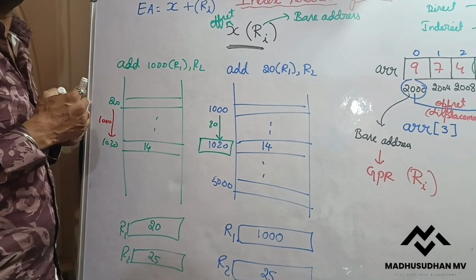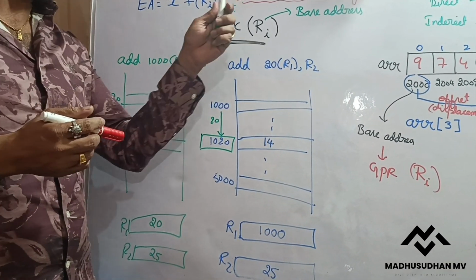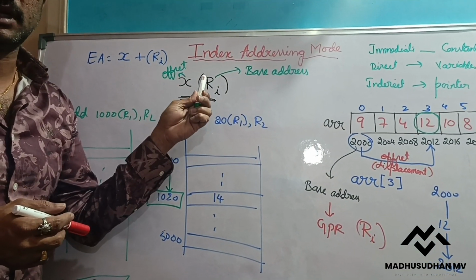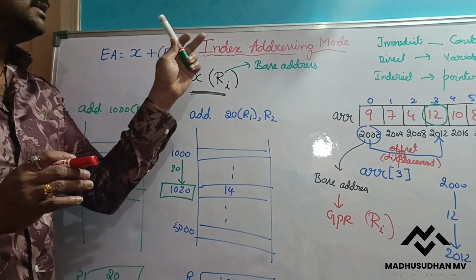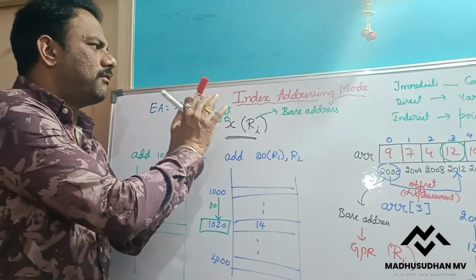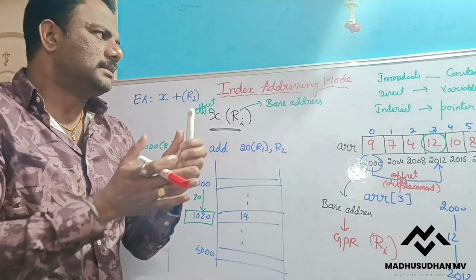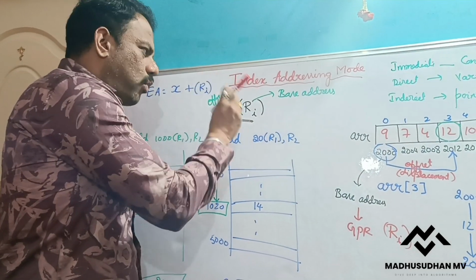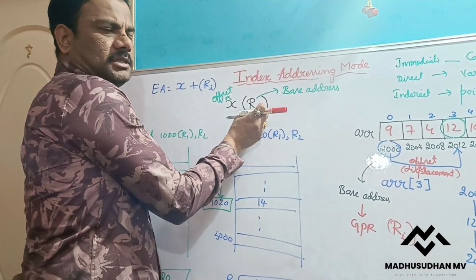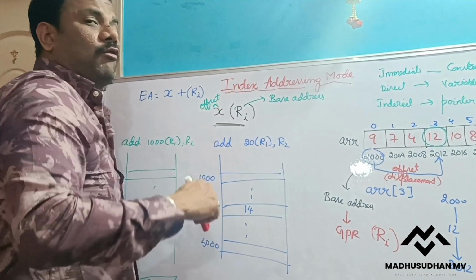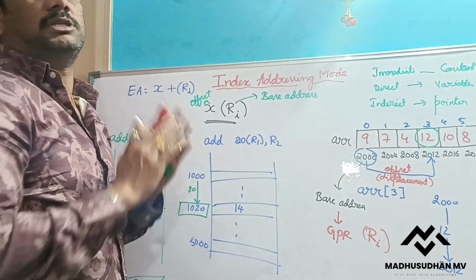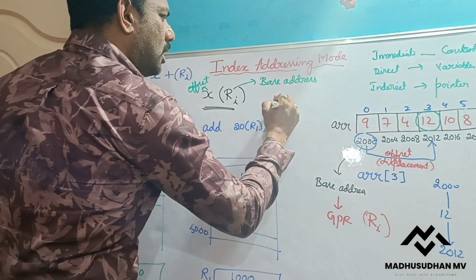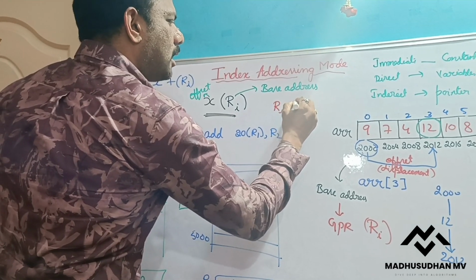See, both are the same. Either the base address or the offset, you write in one general purpose register, and the other as a constant. This is the basic form of the index addressing mode. But there is a slight variation of this. Instead of storing one in a general purpose register and the other as a constant, we can store both in general purpose registers. Suppose I store Ri and Rj.